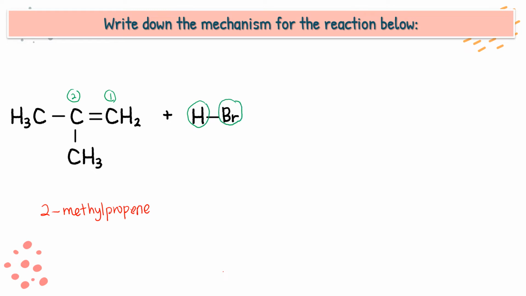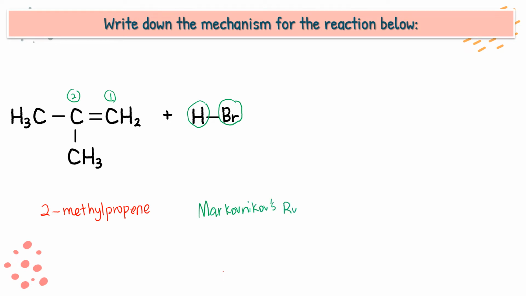Now, carbon mana yang akan terima hydrogen? Carbon mana yang akan terima bromine? As I mentioned in the previous video, in the general mechanism, untuk kita tentukan produk, kita akan follow the Markovnikov rule. Okay, saya tulis kat sini, Markovnikov rule.